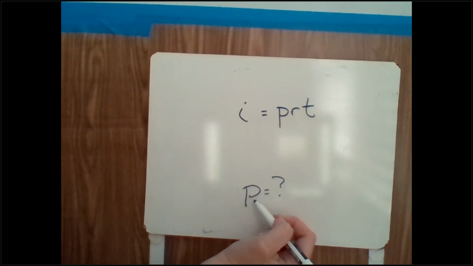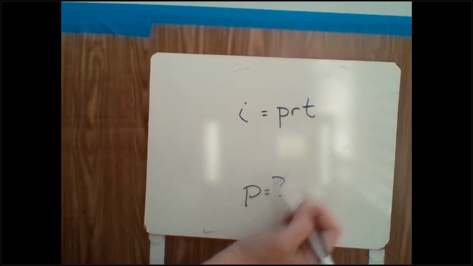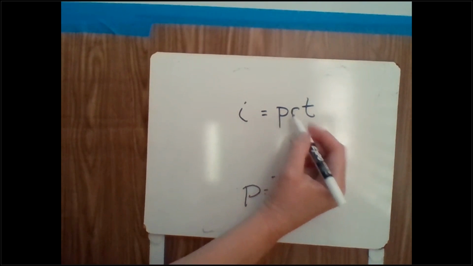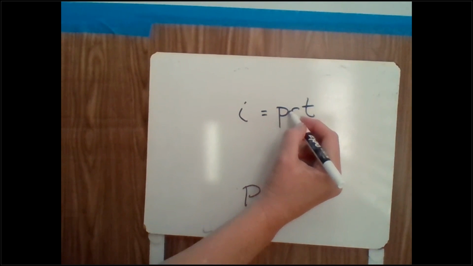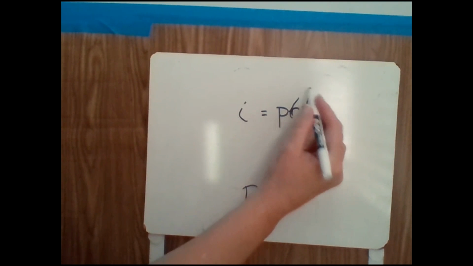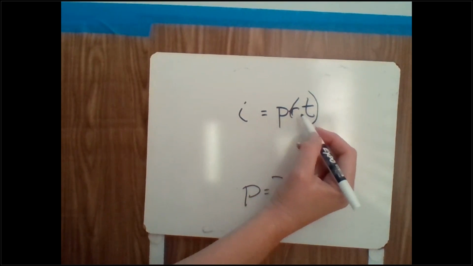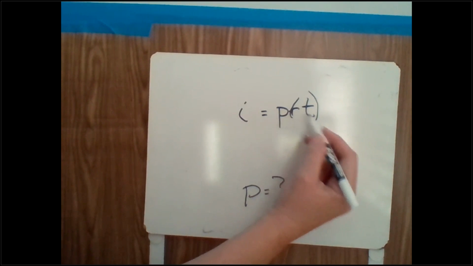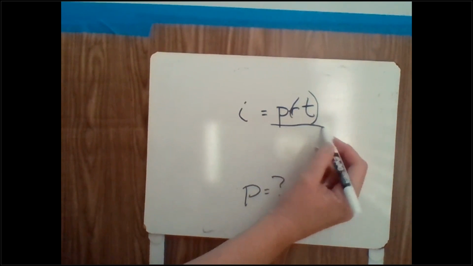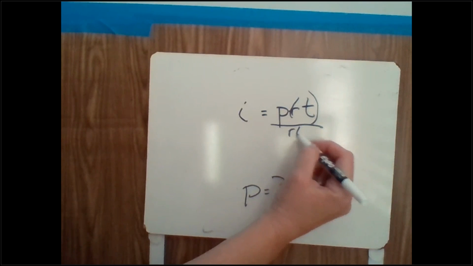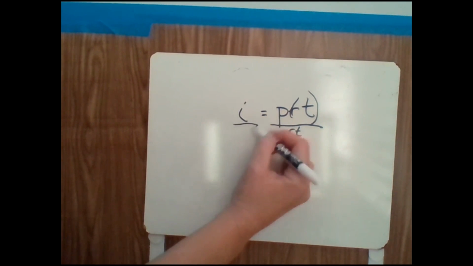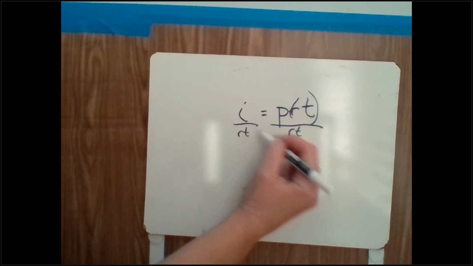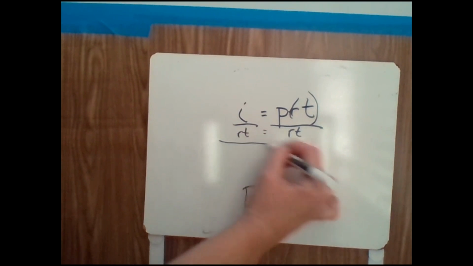So if I want P all by itself, right now, P is being multiplied. I'm going to use parentheses. It's being multiplied by both rate and time. I can undo that multiplication by dividing by rate times time. I do that on one side of the equation, got to do it on both sides.